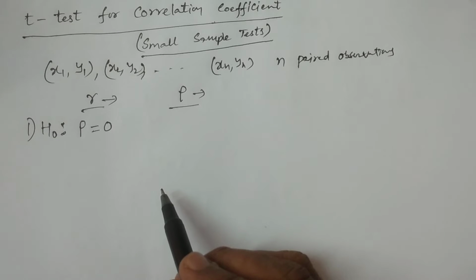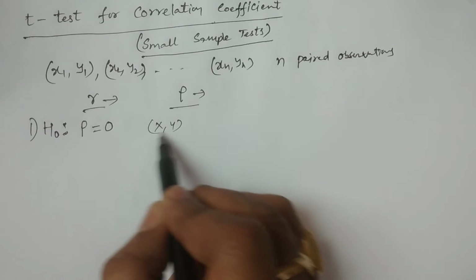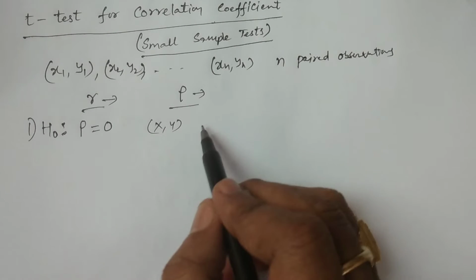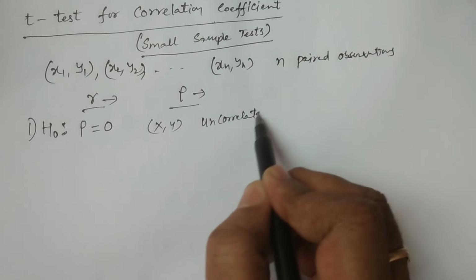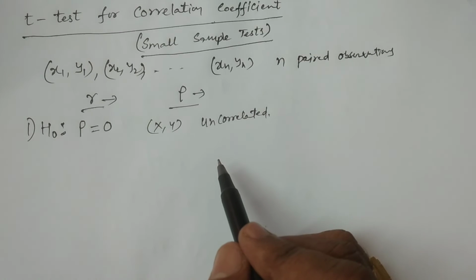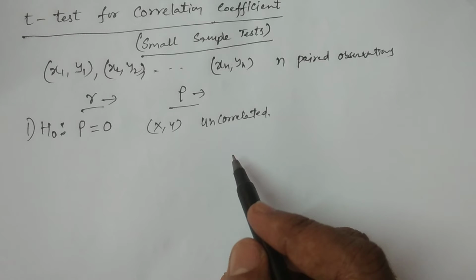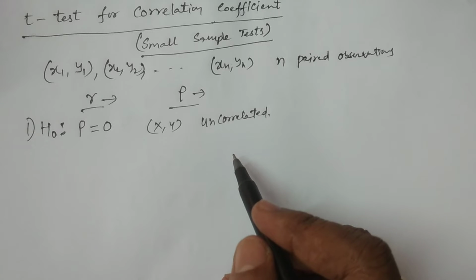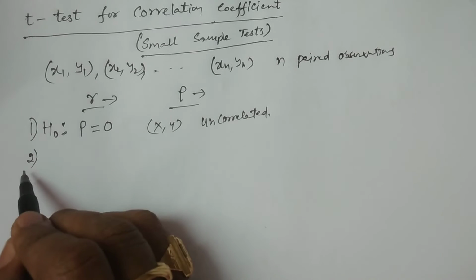That is, the random variables x and y are uncorrelated. There is no significant correlation between the random variables x and y.